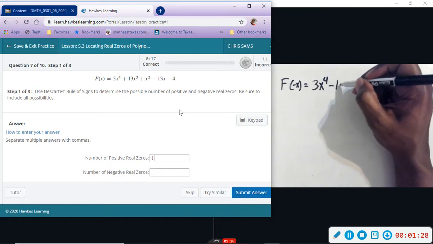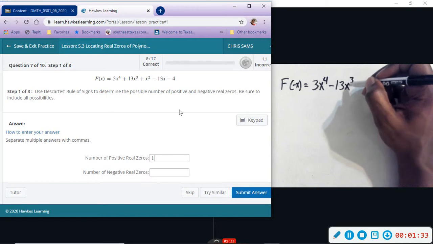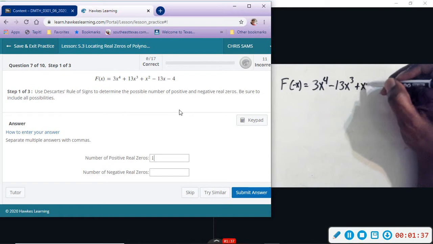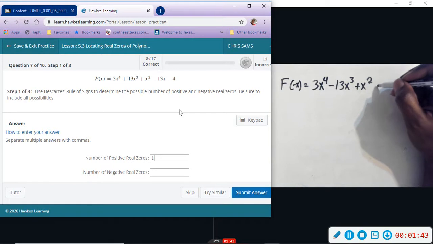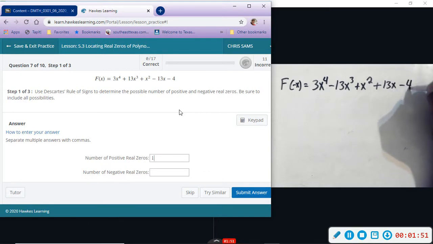It is going to change to negative, because you're going to have 3 negatives and it's going to be negative. Even degree x squared is going to stay positive. And then odd degree x to the 1st, it was minus, it's going to change to positive. That one's going to change signs. And then the negative 4 is not affected by the negative x, so it stays.